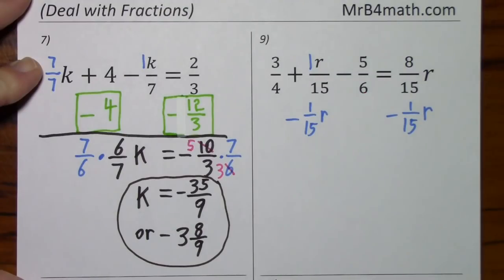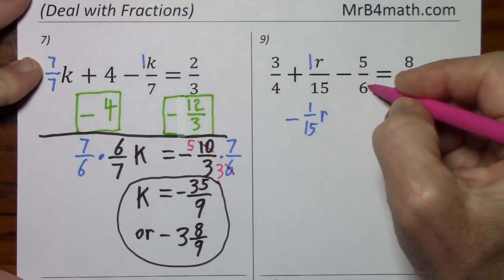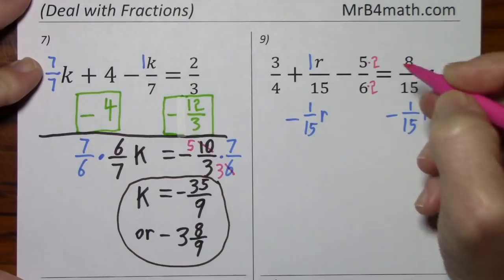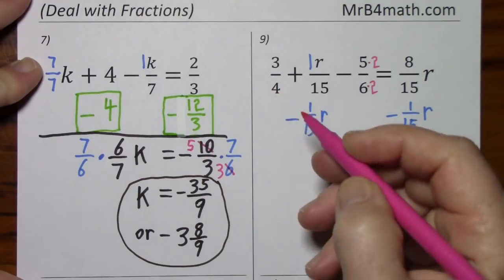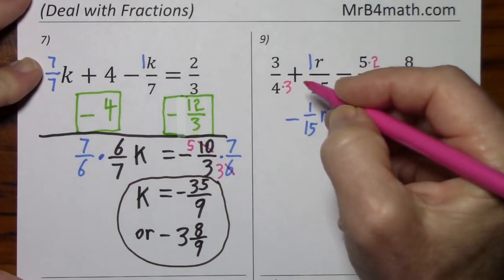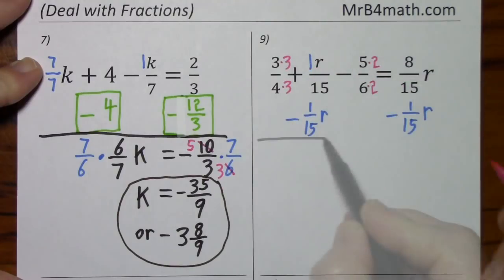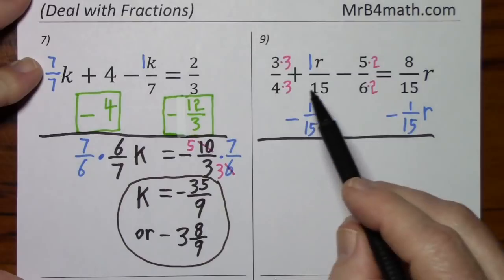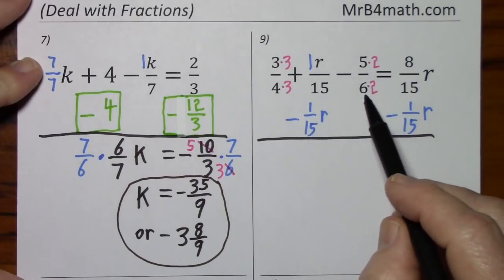So let's address that. Common denominator would be 12. So I would multiply by 2, multiply by 2. To get 4 to 12, you would multiply by 3, multiply by 3. So this is 9/12 minus 10/12.